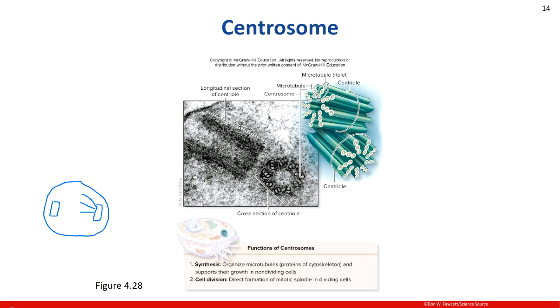And these microtubules extend and they go right to the middle of the cell. And essentially what they do is they pull the cell apart from one another, okay? And they'll split the cell right down the middle. So now you'll end up with two cells where you once had one cell, okay?